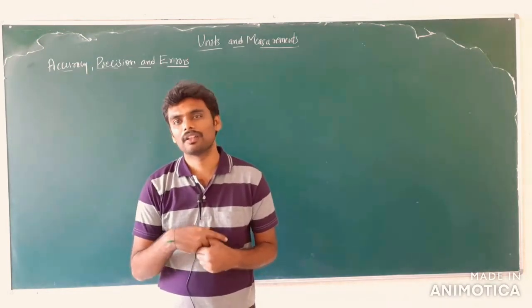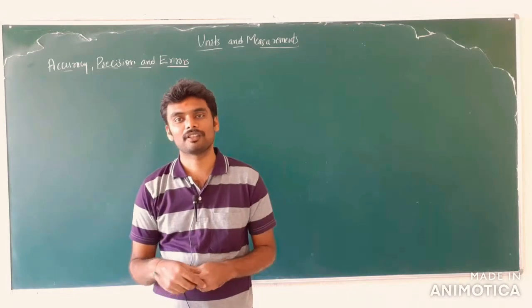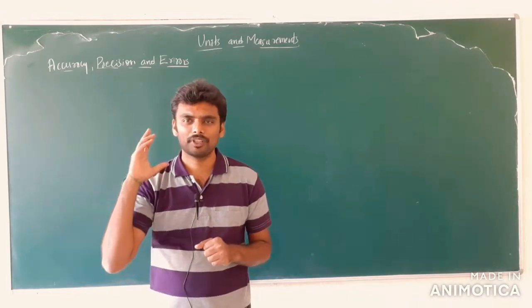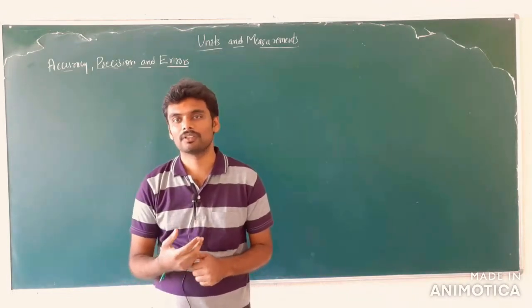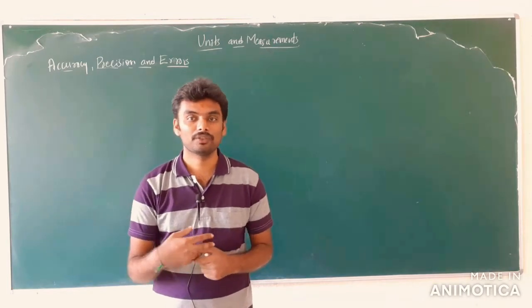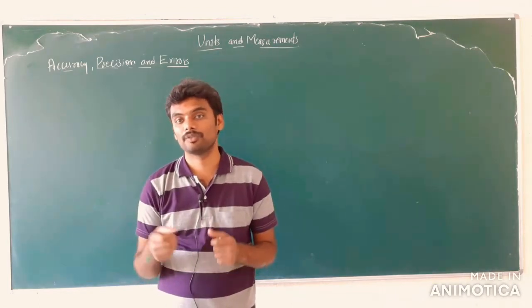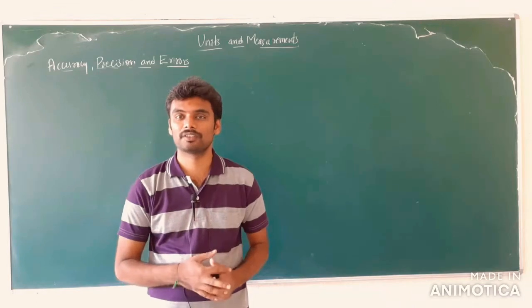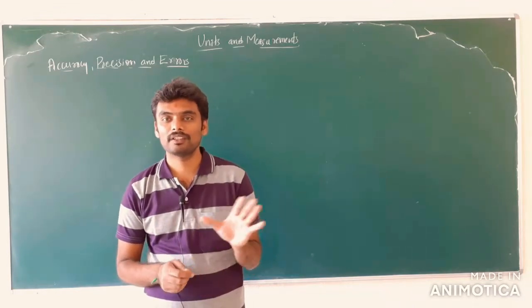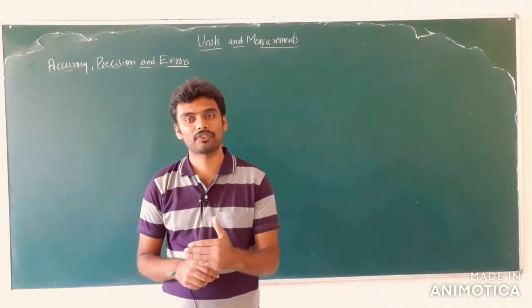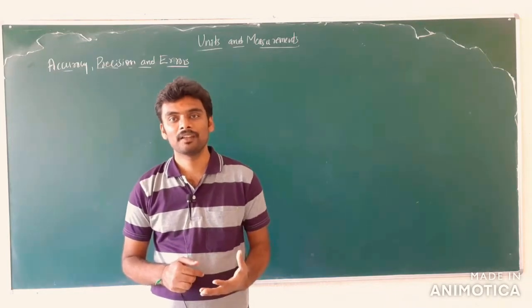We don't want a less accurate measurement. So we often hear this word accurate. You need to be accurate, you need to be perfect, right? So accuracy is a word which is associated with measurements.